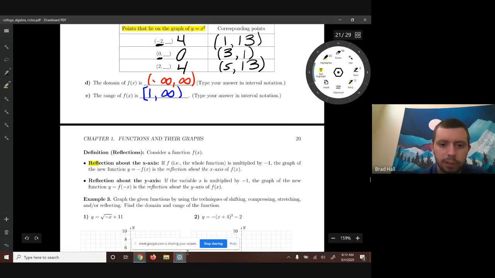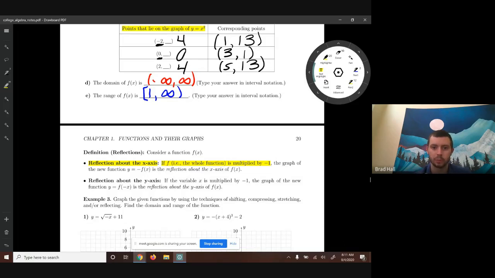So for the reflection about the x-axis, if the whole function is multiplied by -1, or in other words, if y is multiplied by -1, then you would reflect about the x-axis.